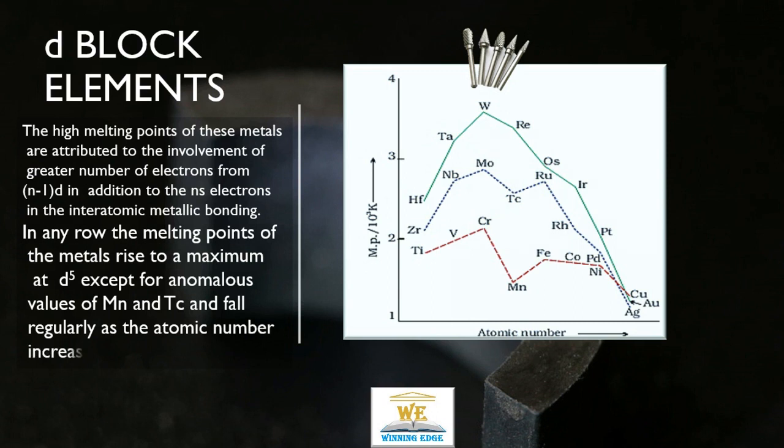All these have a d5 electronic configuration, and they have the highest melting point in each series. It means we can make out that the greater number of unpaired electrons available is responsible for stronger interatomic bonds between the atoms of these elements, making their melting points high.